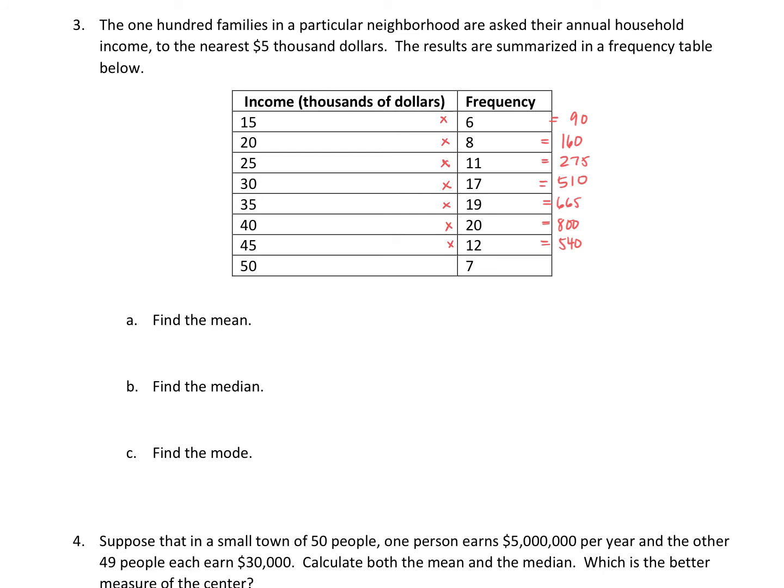And let's see, 50 times 7 is 350. Okay, so now we're going to add up everything in red.